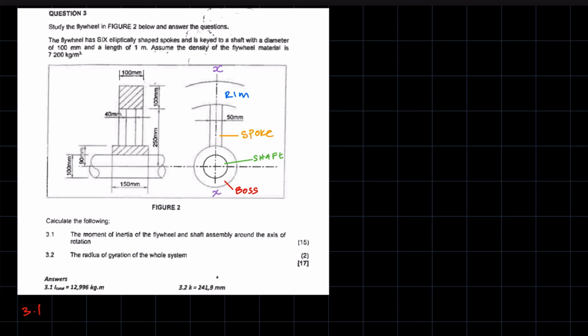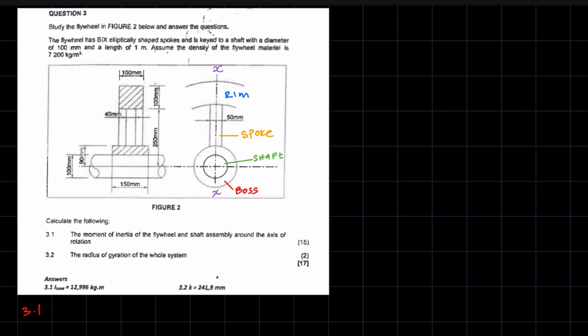Now, as far as the parts of the flywheel, this part here we denote as the rim. This here can either be called the arms or the spoke. And then here is where we get the shaft. This here I have labeled as the boss, but sometimes it is also referred to as the hub.